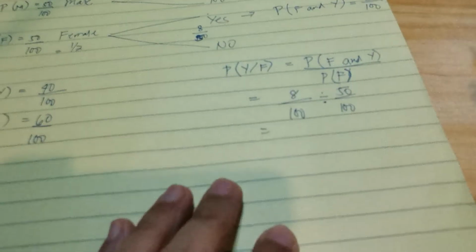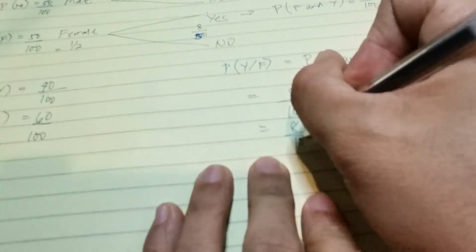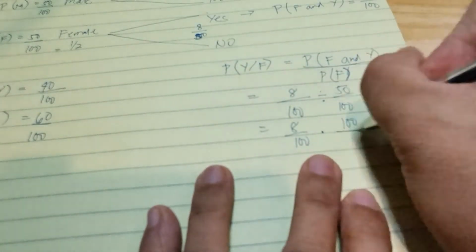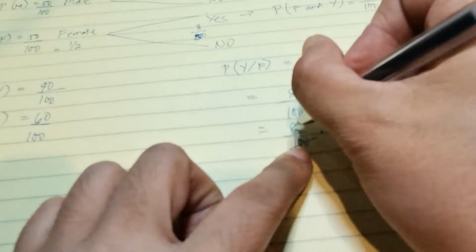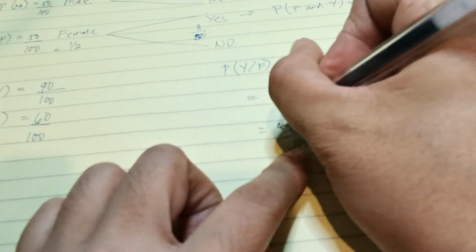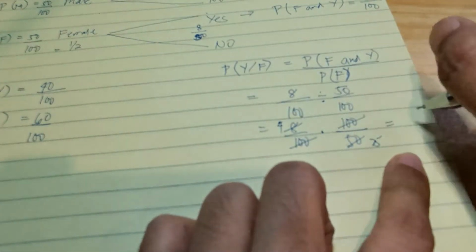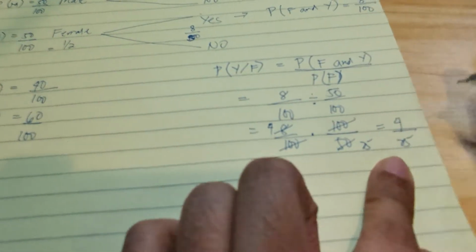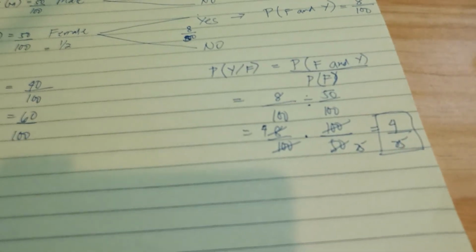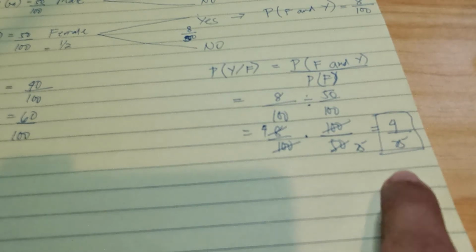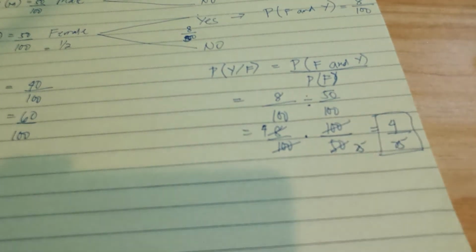So, that will become 8 over 100 multiplied by 100 over 50. So, we can cancel that now, and then cancel also this. This will become 4 and this will become 25. So, that is 4 over 25. Therefore, the probability of getting a yes response given that the respondent is female is 4 over 25.